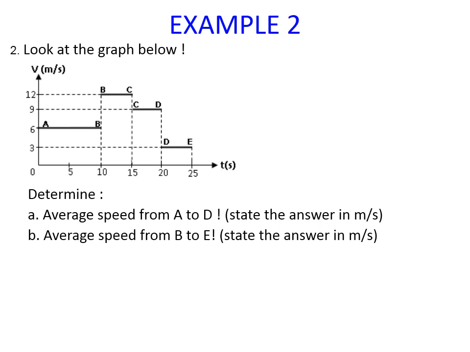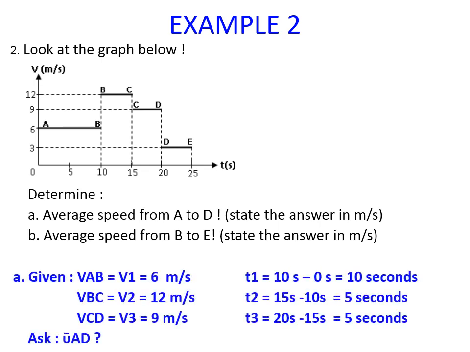From the information from the graph, we can get for question A given: VAB equals V1 equals 6 meters per second, T1 equals 10 seconds minus 0 seconds equals 10 seconds.